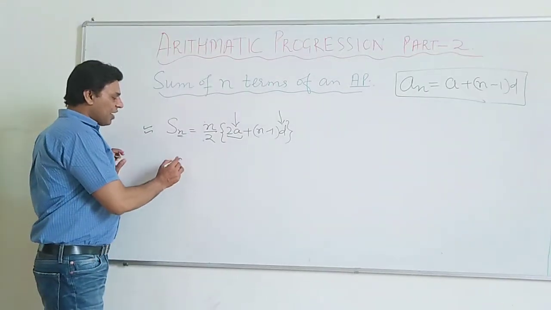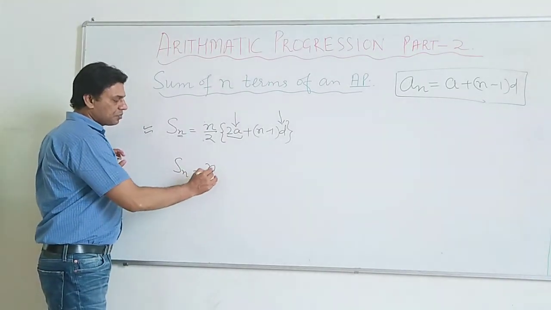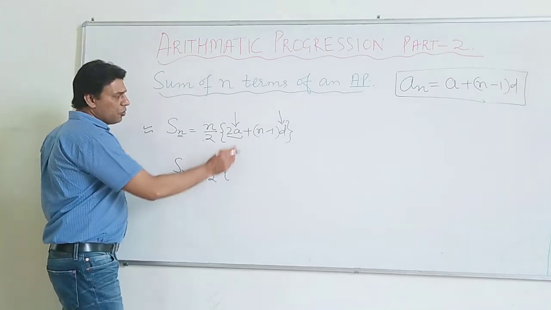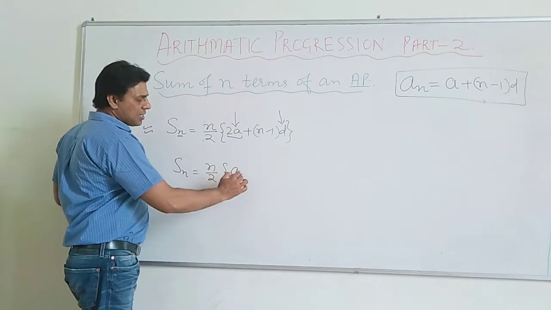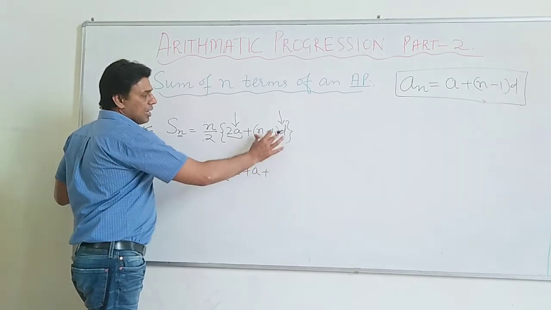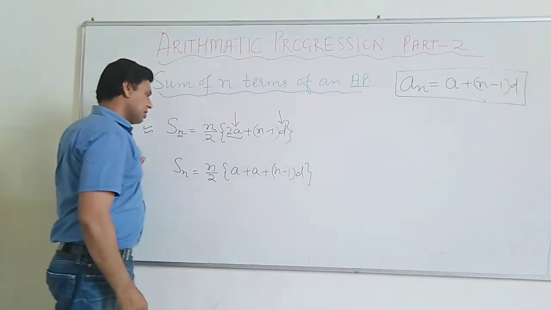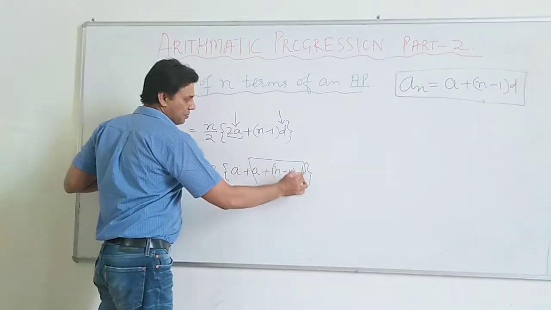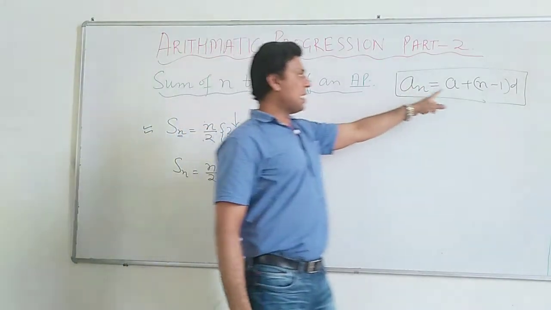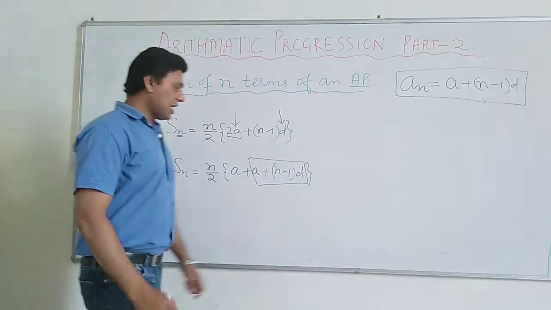Now I can modify this formula a little. N by 2, 2a can be written as a plus a and the rest as it is. Now see this term, a plus n minus 1 into d can be written as an.